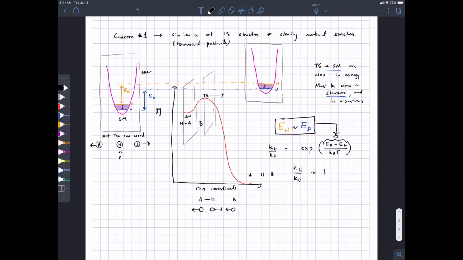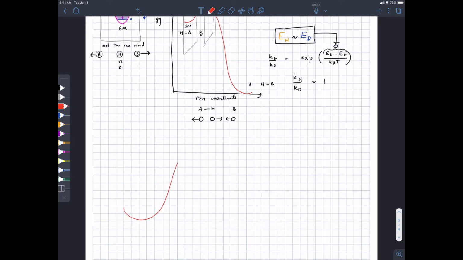I could draw that for you if you wanted, but what it would show you would be just another situation in which you have, in this case, starting material, transition state, and product.